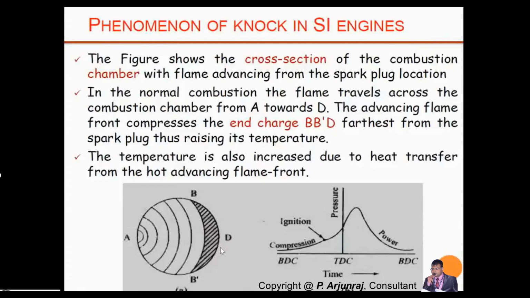The air fuel mixture comes into the combustion chamber, and during the compression stroke, the air and fuel get compressed, and before the end of the compression stroke, which means before the piston reaches top dead center, the spark gets ignited, and that will help for combustion.